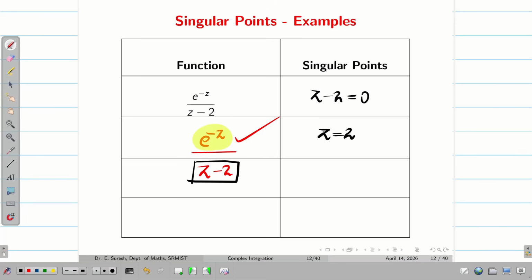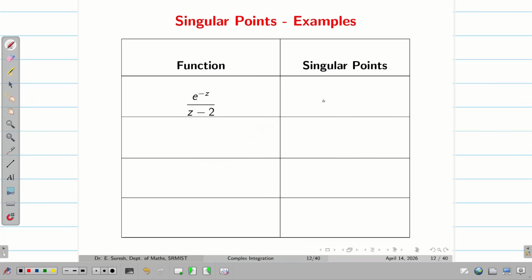So we get z equal to 2. At z equal to 2, the function is undefined. Therefore, z equal to 2 is the singular point for this function. So this is not analytic everywhere. At z equal to 2, analyticity fails, and z equal to 2 is called a singular point for the given function e power minus z divided by z minus 2.